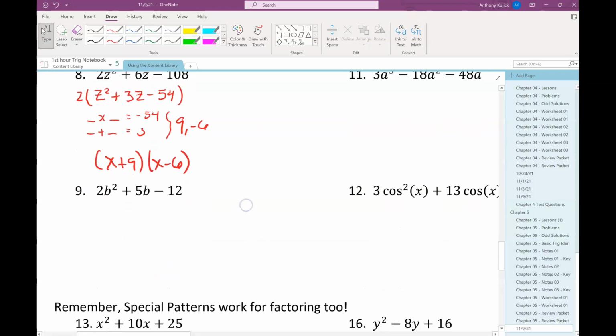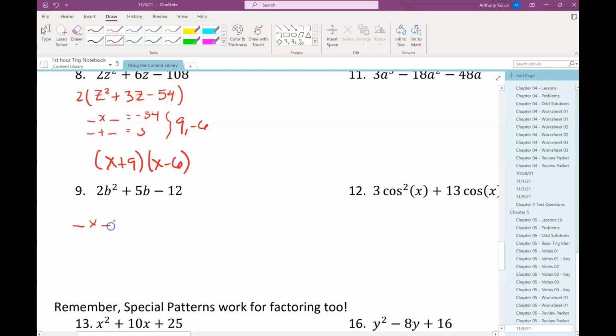All right, let's look at 9. Greatest common factor? No bueno. How many terms? 3. Leading coefficient 1? No. So we have to do the long factoring, right?